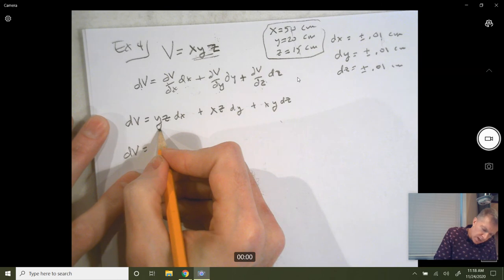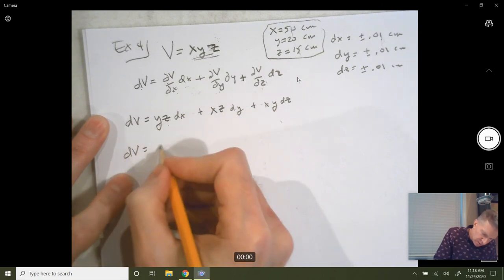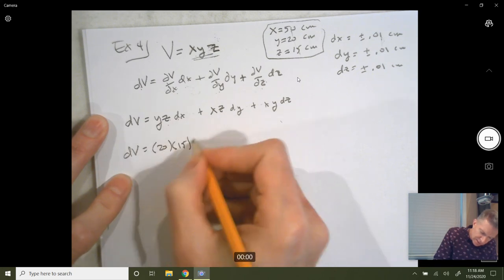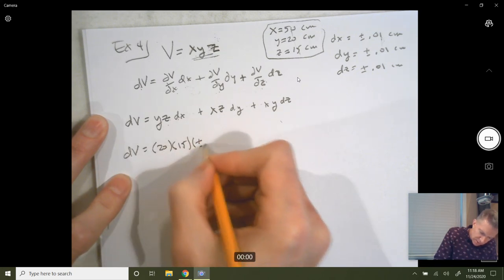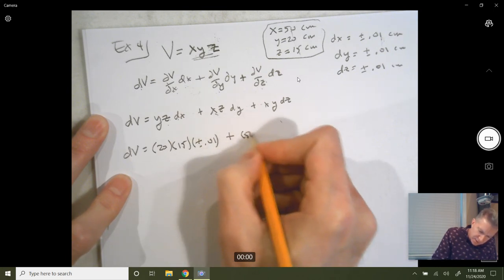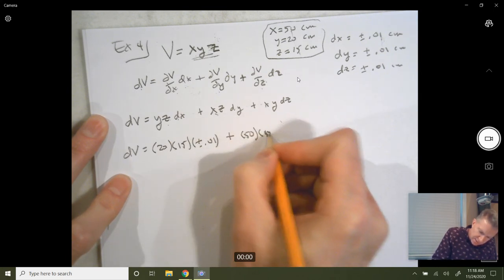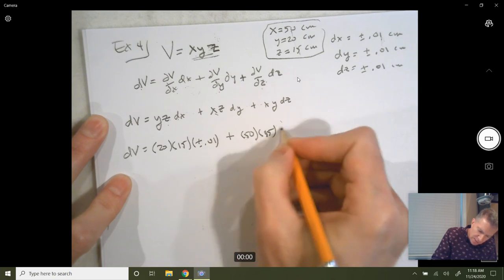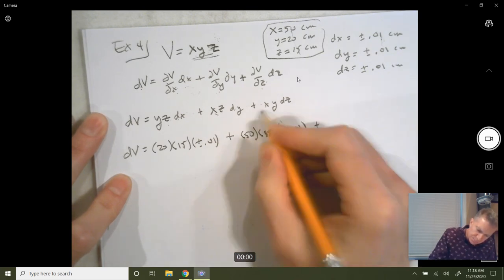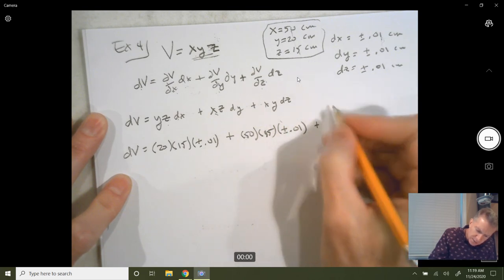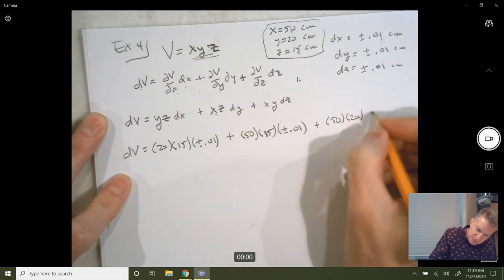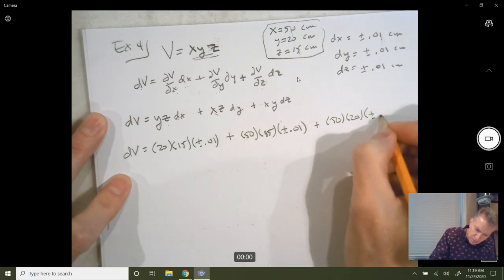So the yz is going to be 20 times 15 times your dx, so we'll say plus or minus 0.01, plus your xz, so 50 times 15 times your dy, plus or minus 0.01, and then plus xy, so 50 times 20 times your dz, which is plus or minus 0.01.